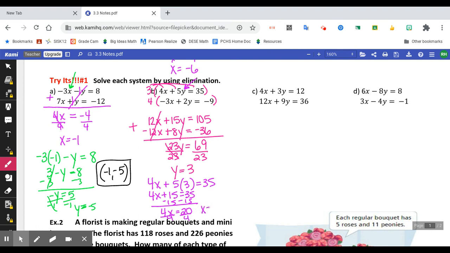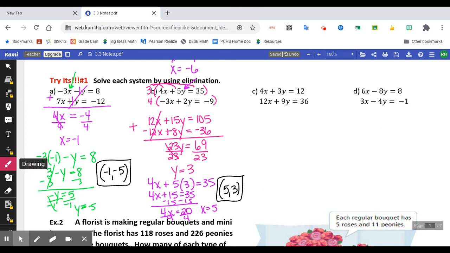Divide by 4, and x equals 5. So my final answer would be 5, 3. Again, thinking about these, if you rewrote them and graphed them on the graph, they would intersect at 5, 3. Okay, that's what we're thinking about every time.